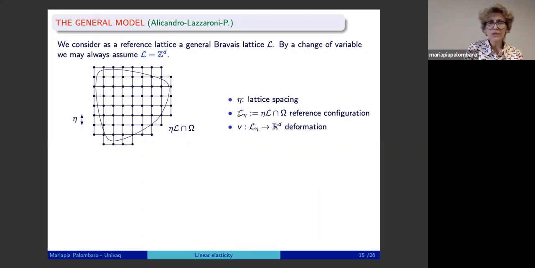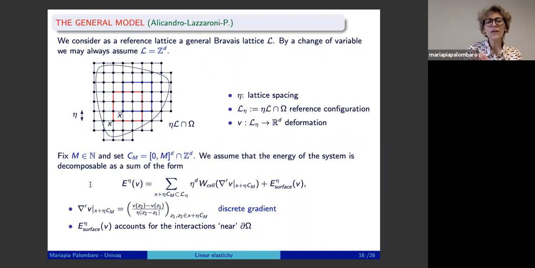Eta is the lattice spacing, and the reference configuration is the portion of the Bravais lattice lying inside a bounded domain omega. And V is the discrete deformation. Now let's fix an integer m.